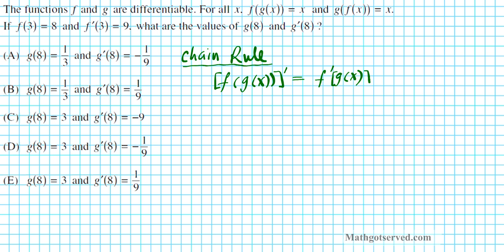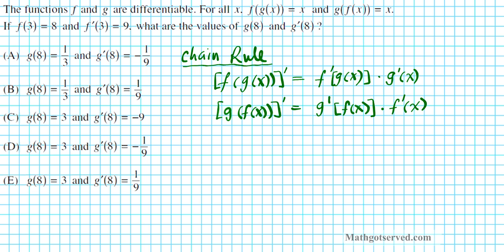That's the derivative of the outer function evaluated at the inner function times the derivative of the inner function. And if we have it reversed, if we wanted to find the derivative of g of f of x, it's basically the same thing but just in reverse order. So it's going to be g prime of f of x times f prime of x.